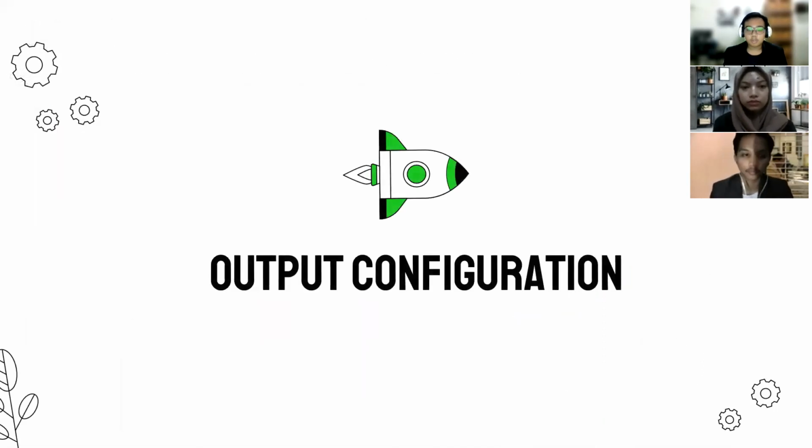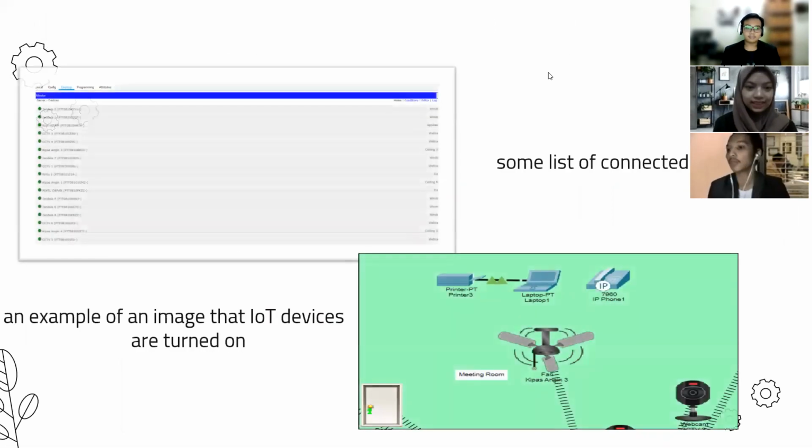Now the output configuration will be explained by Anna. Okay, thank you, Virgi. For the output configuration, first, on your smartphone or on your laptop, for setting the IoT device in the office, input the IP address into the IoT server address.